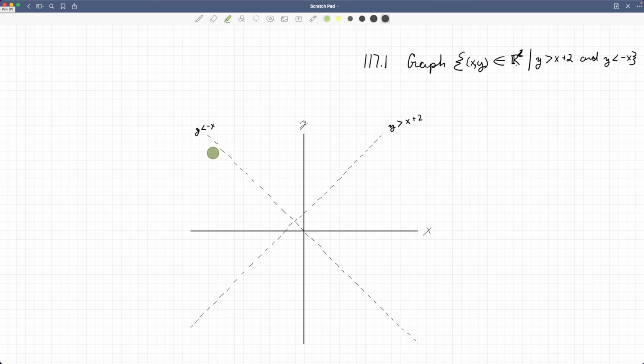The place where the two overlap, above and below, is going to be right here. So it's below this line, but also above this other line. And that would be the way we would answer this problem.